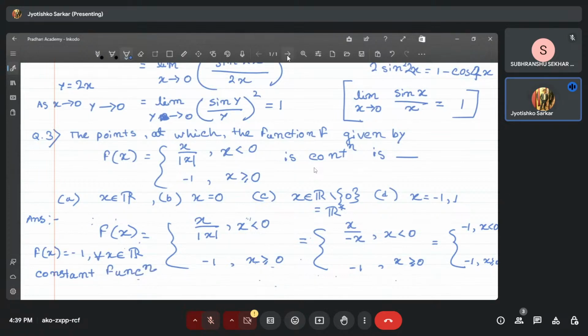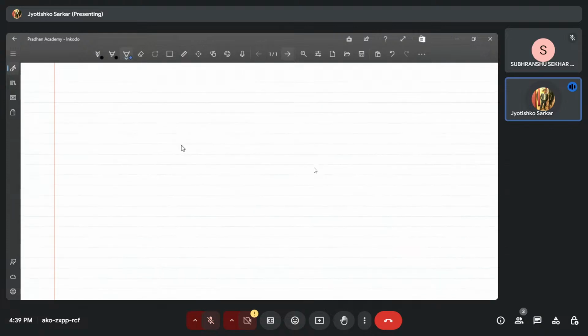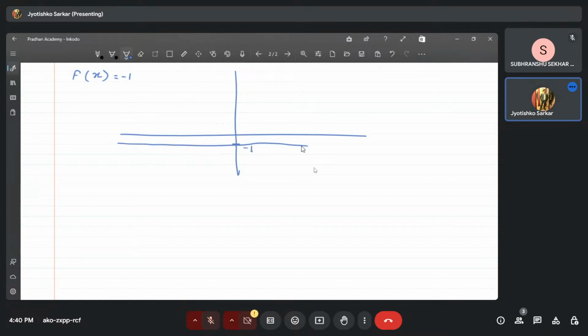And if we draw the graph of a constant function like this, let's take this function f(x) equals to -1. It means that if we put any kind of value in x, it will give -1. So if we draw the graph, suppose that is our -1 point. So this is our function and so on.